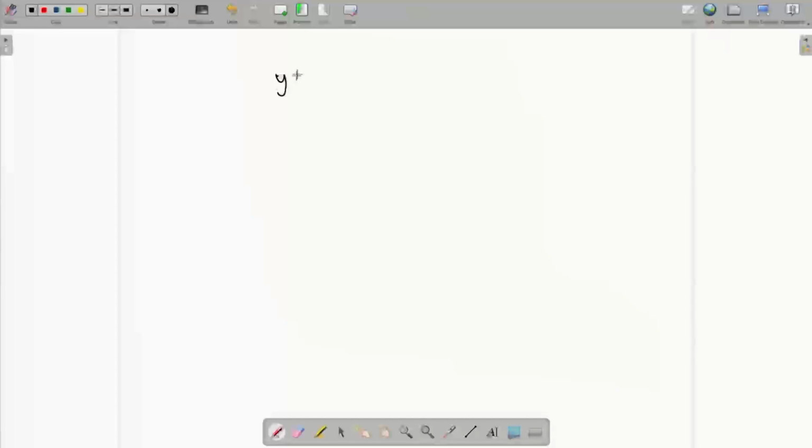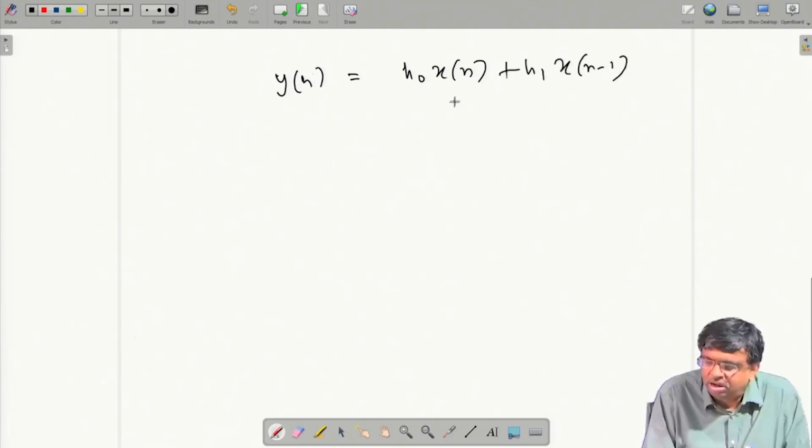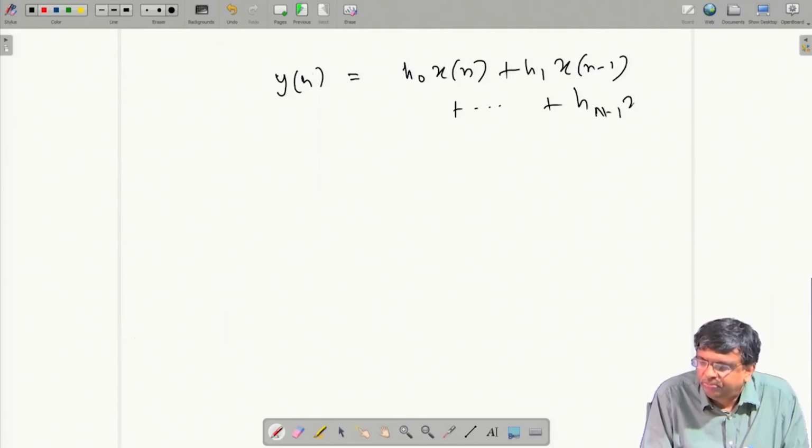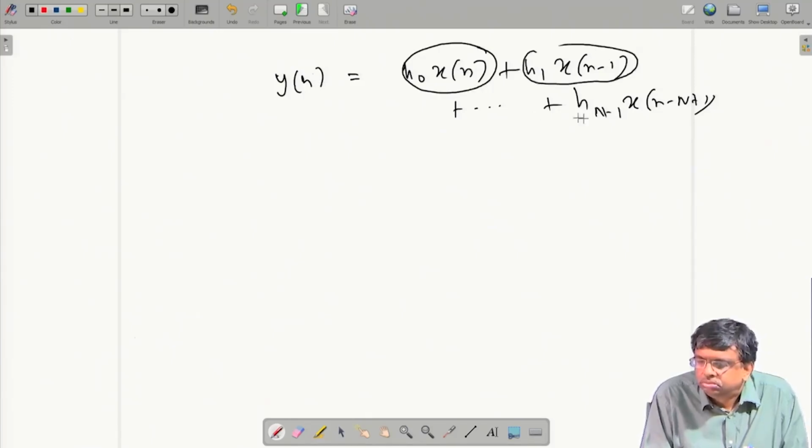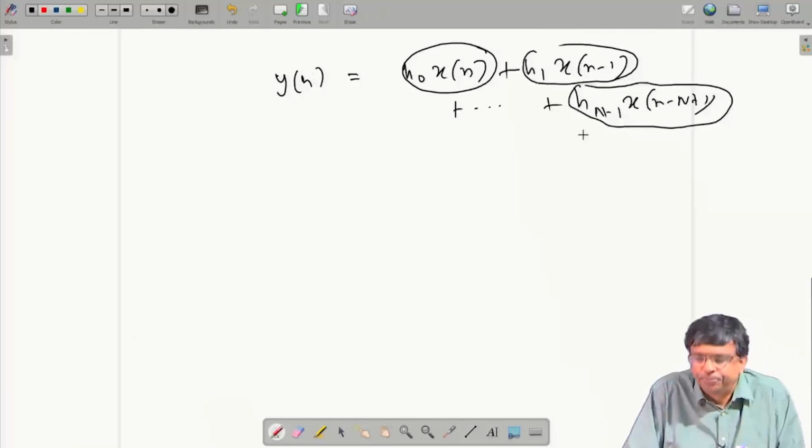You find that y[n] is a convolution sum like h0 x[n] plus h1 x[n-1] plus and so on. This is one term, this is another term, another term you are adding. You do multiplication and then you are adding.